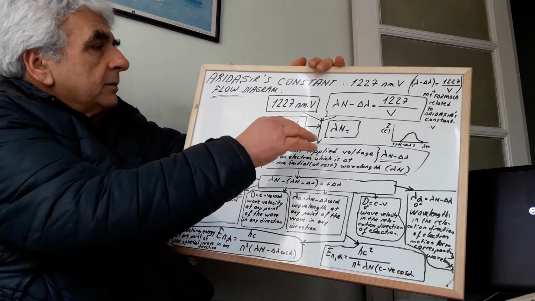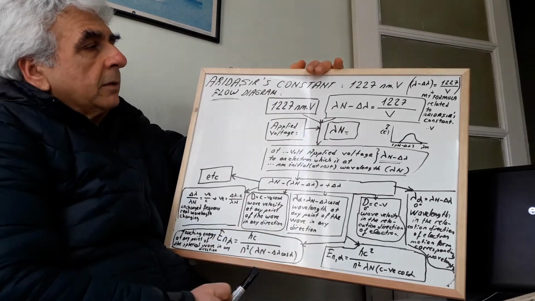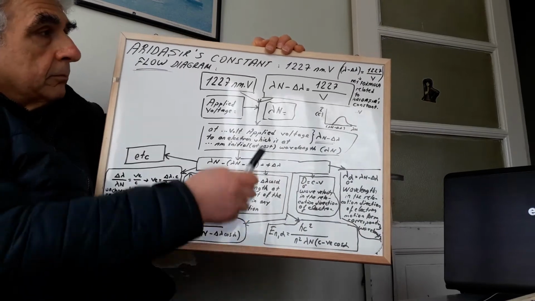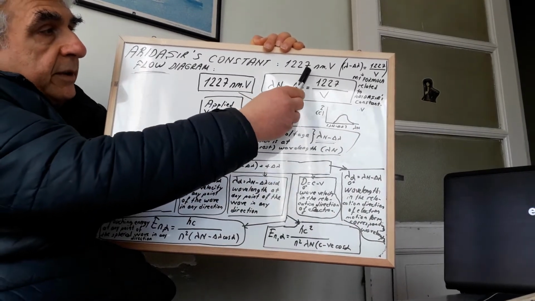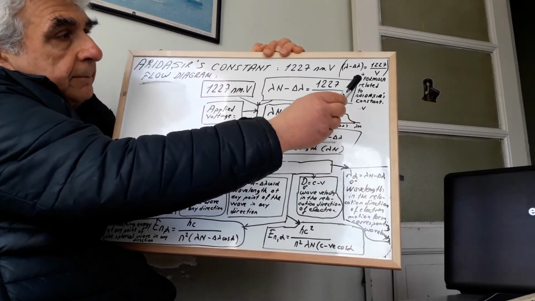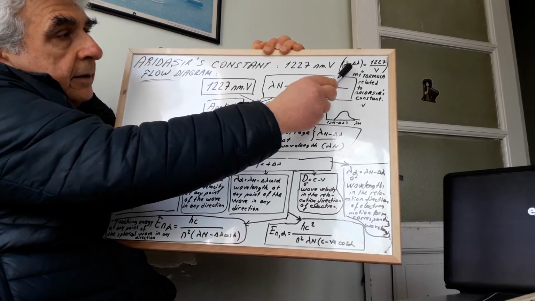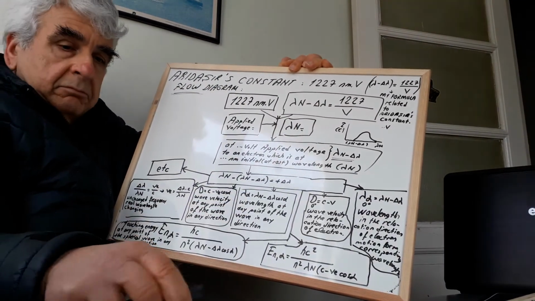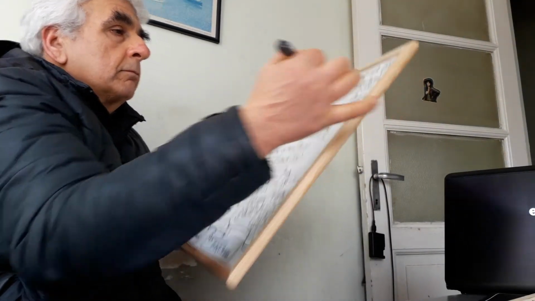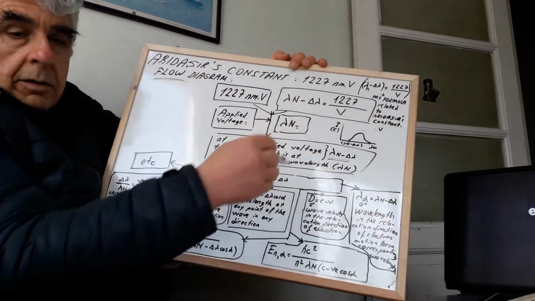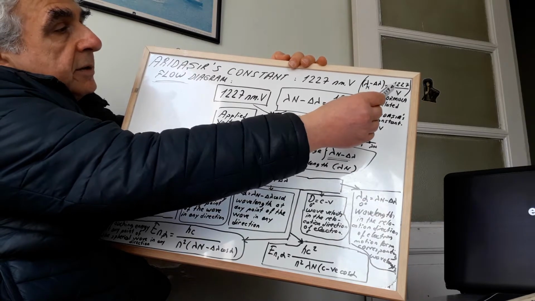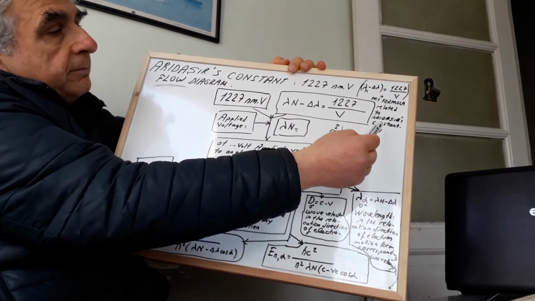This is my constant, 1227 nanometer, ARIDAŞIR'S constant, and this is my formula: lambda n minus delta lambda equals 1227 divided by voltage.